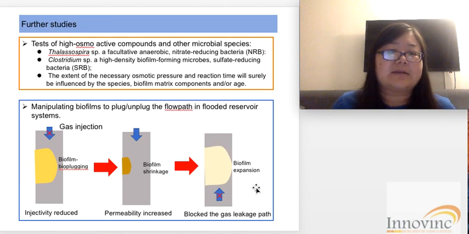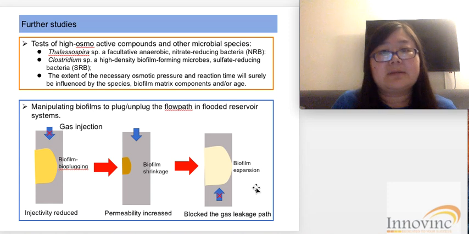Also, there is the need to avoid using a high amount of sodium chloride. As we used 5 molar sodium chloride, it might cause corrosion or precipitation somewhere. So we can try other highly osmoactive compounds and also other microbial species.